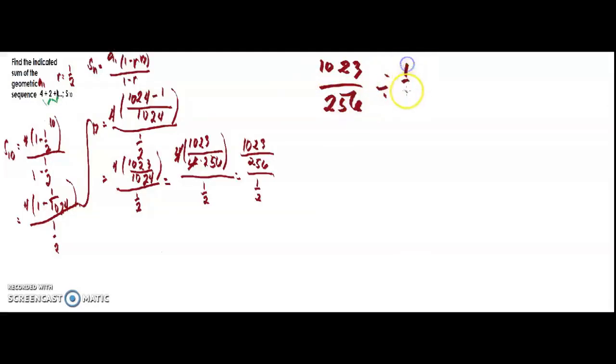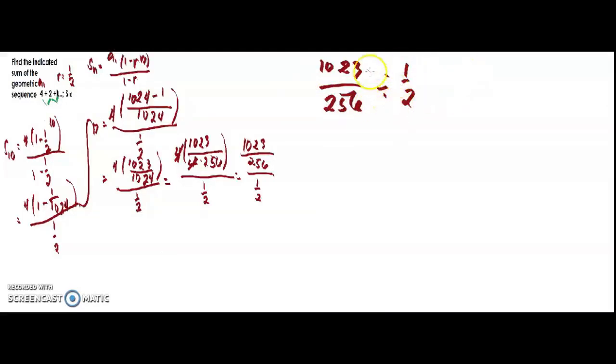So, try natin solve ulit. So, next meron na tayo nito. Ayan. So, balik tayo dito. So, meron na tayong dalawang fraction dito. Yan. So, kung i-rewrite natin to guys, magiging 1023 over 256 divided by 1/2.